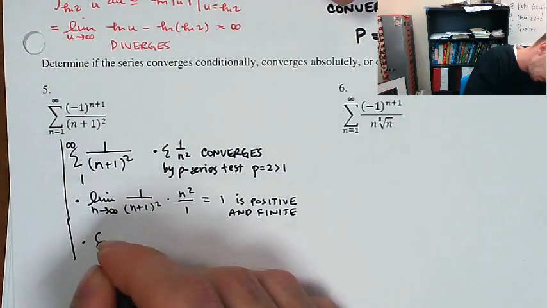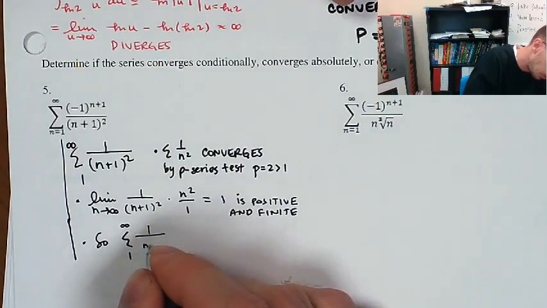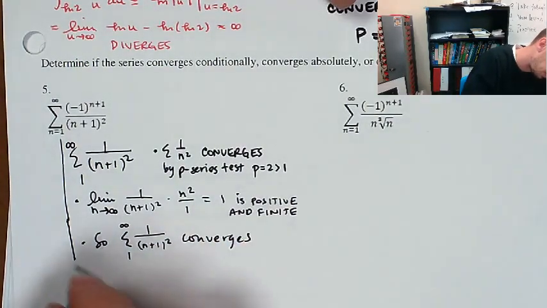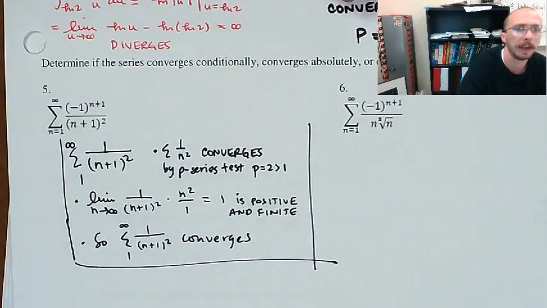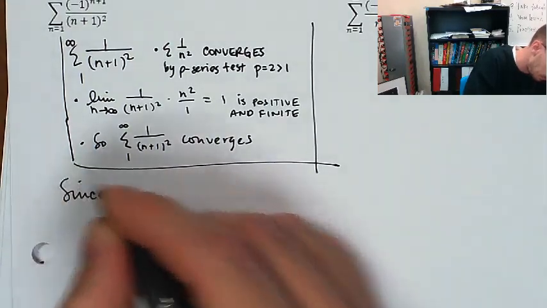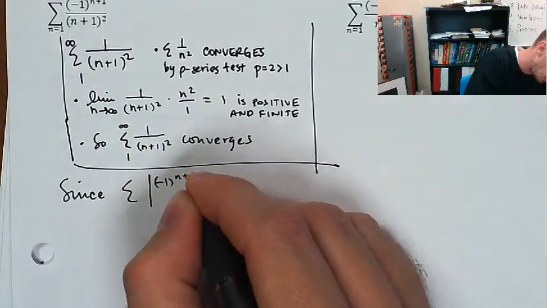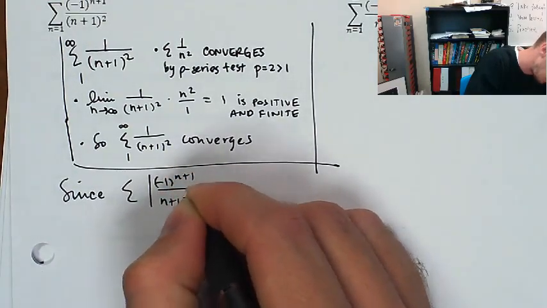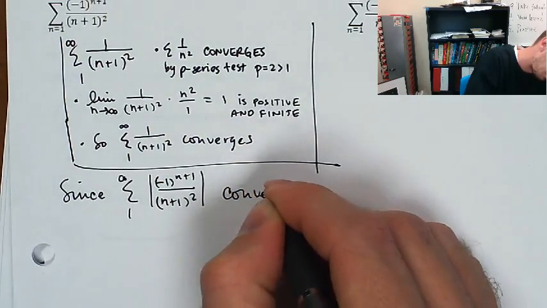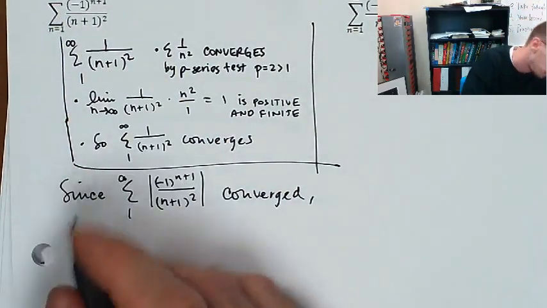So as a result, this one converges. And so since the sum of the absolute value of the terms converged, I conclude that the original series converges absolutely.